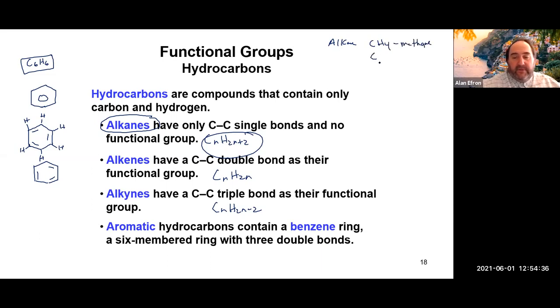If I end up with 2 carbons, 2 times 2 is 4, plus 2 is 6 hydrogens. That is ethane. 3 carbons means 3 times 2 is 6, plus 2 is 8 hydrogens.